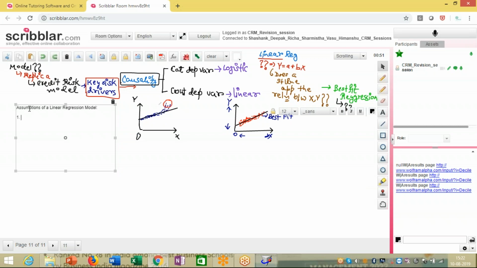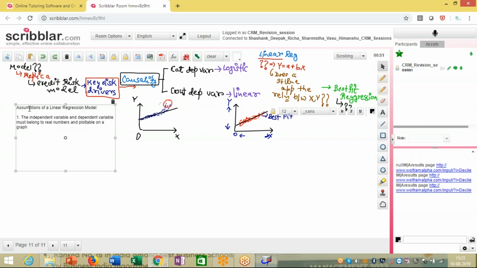Number one, so the first and the most important assumption is the independent variable and the dependent variable must belong to real numbers and be plottable on a graph.